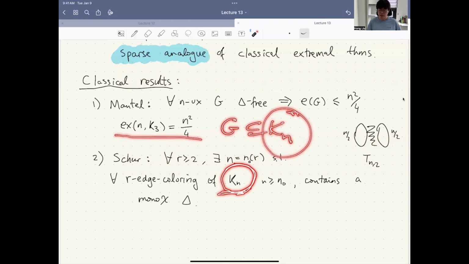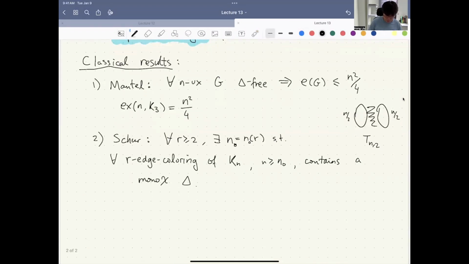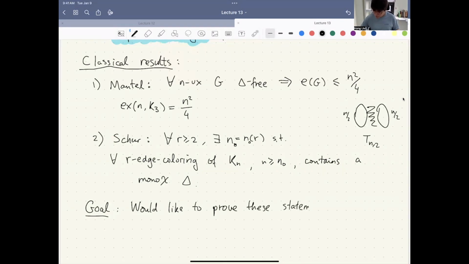We would like to prove this statement with Kn replaced by a typical m-vertex graph, and how we do that is basically just by considering random graphs.